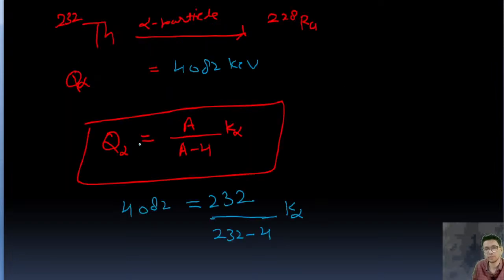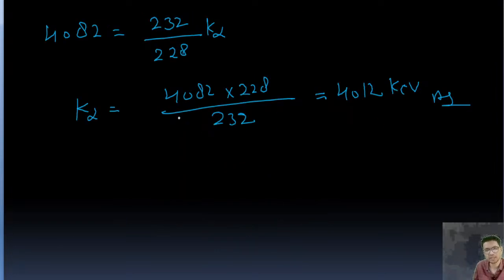This formula you need to note down: Q alpha, the Q value for alpha, equals A upon A minus 4 K alpha. An alpha particle is decayed from this thorium, and from here we got the value of K alpha. Very simple question, and it's a 5 marks question.